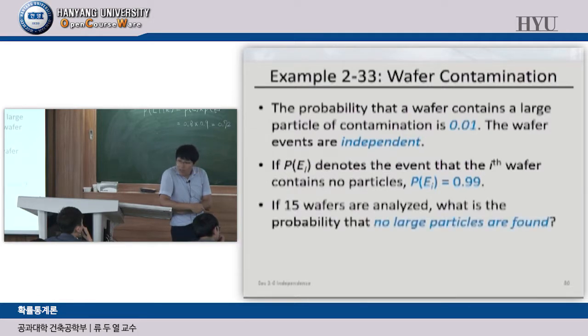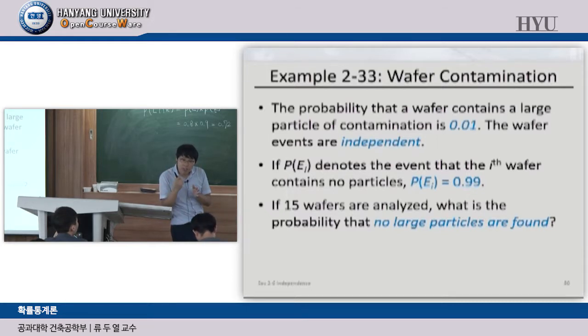If 15 vapors are analyzed, what is the probability that no large particles are found? So to satisfy this question, we have to select the first vapor without contamination, right? And we have to select the second vapor without contamination. And we have to select the third vapor without contamination.